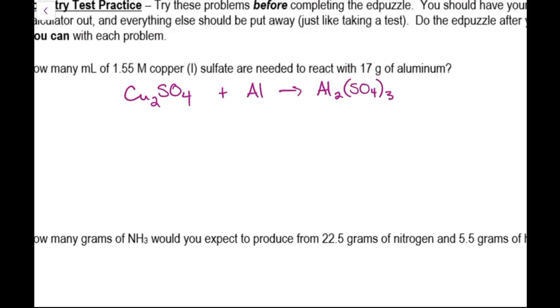And again, we have to balance charges, and it's going to give us copper. Similar to the lab that we did, but it was copper 2 sulfate. This is copper 1 sulfate.